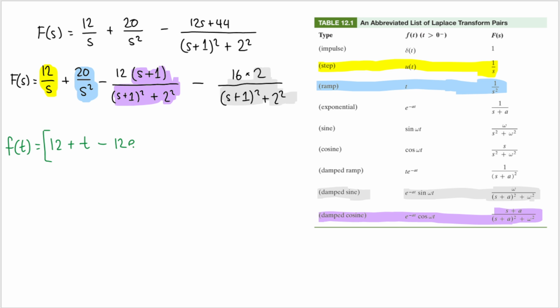So I'll have e to the minus t, and then cosine 2t. And then we will have minus 16 e to the minus t, and then sine 2t. Okay, and do not forget the ut at the end. And that is the time domain function.